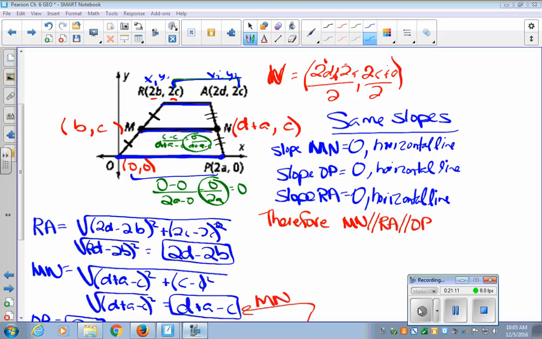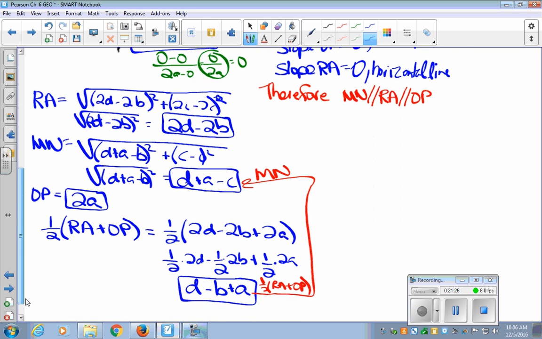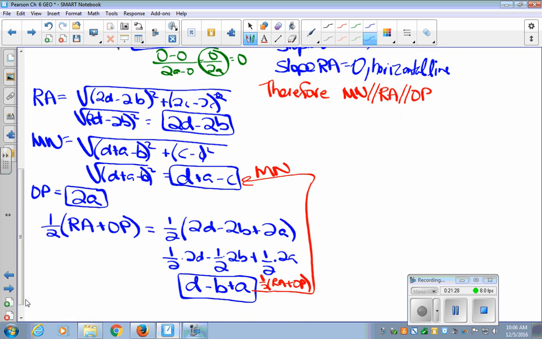When we do the distance formula, it's d plus a minus b. Boom. Minus b. So now they match up, and we can say that they're equal.